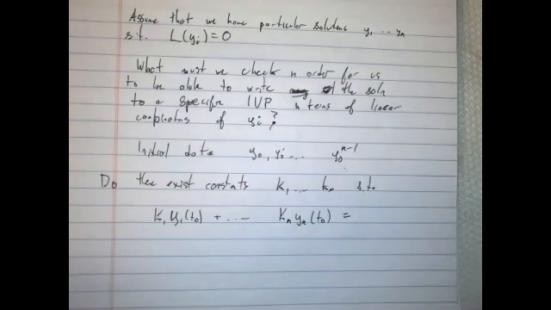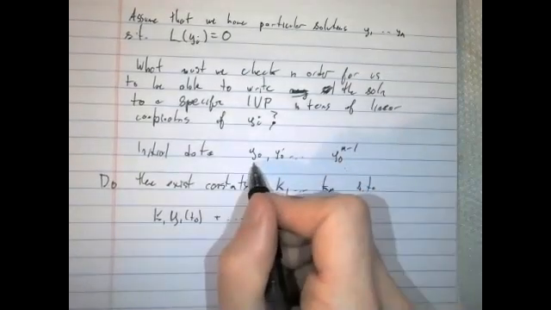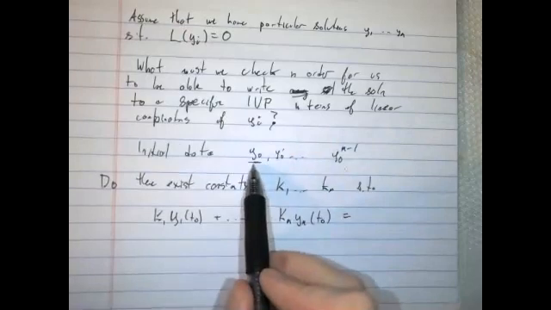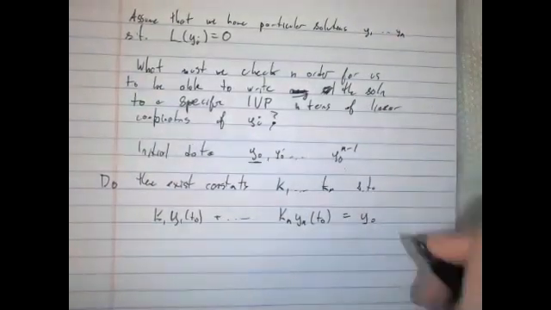Well, technically it has to be equal to y0, our initial data, right? I'm really asking, when is this equal to y0?